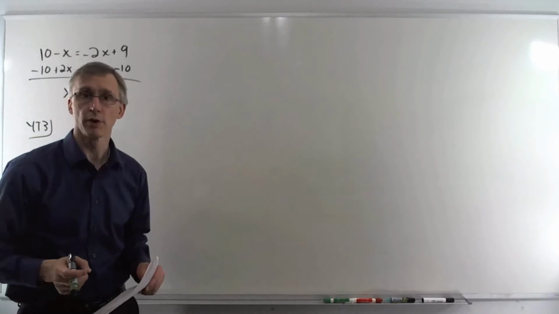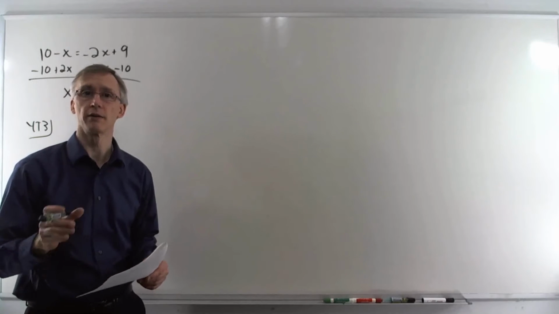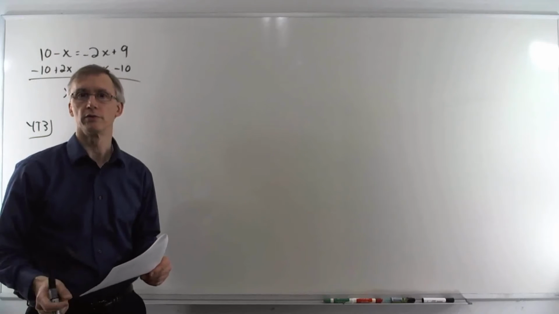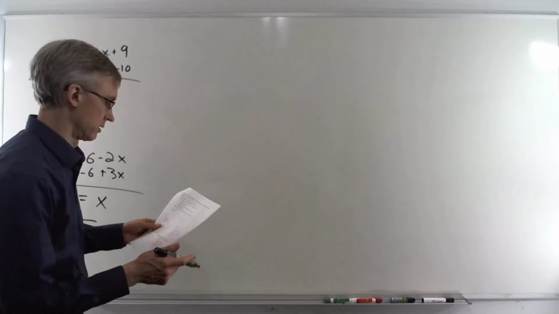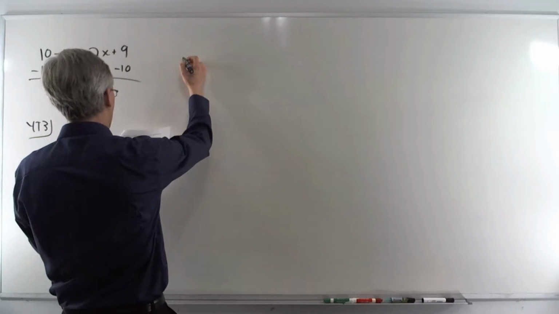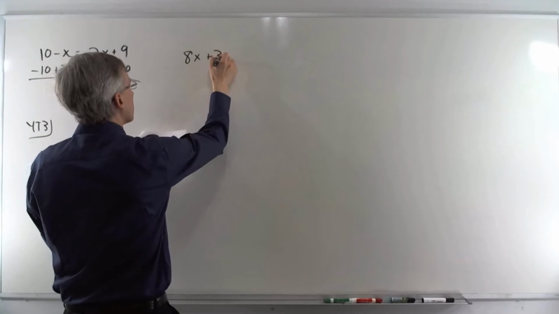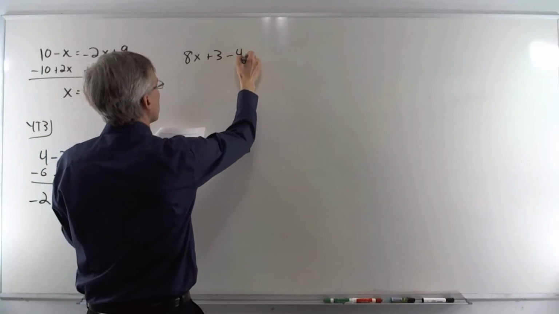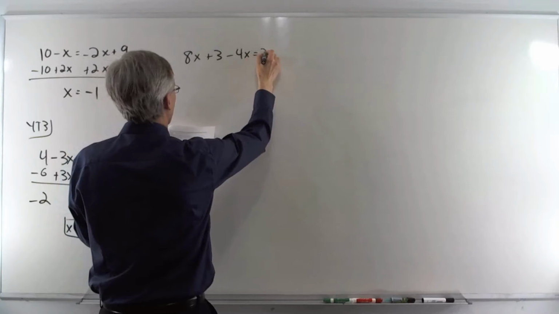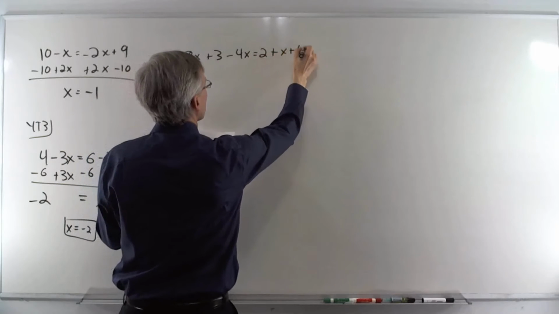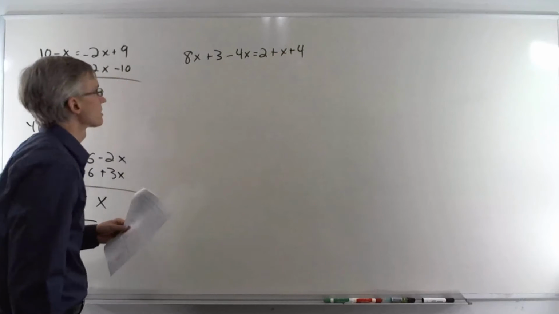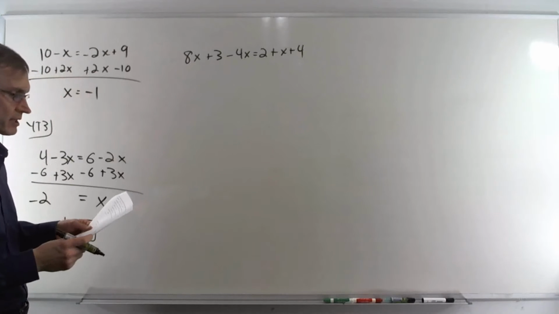Now we're going to look at some equations that require simplifying before we do any of the properties. So 8x plus 3 minus 4x equals 2 plus x plus 4.